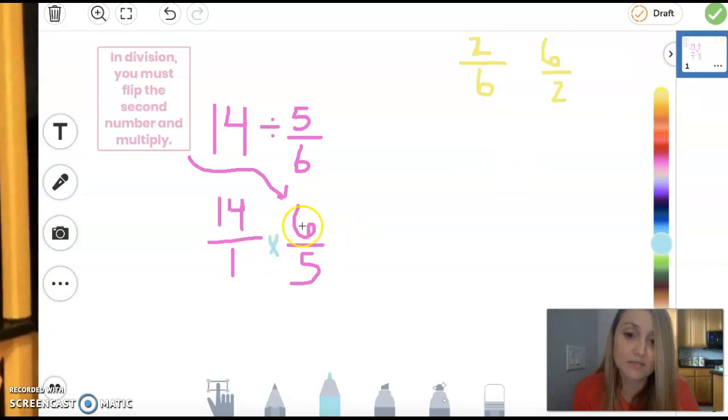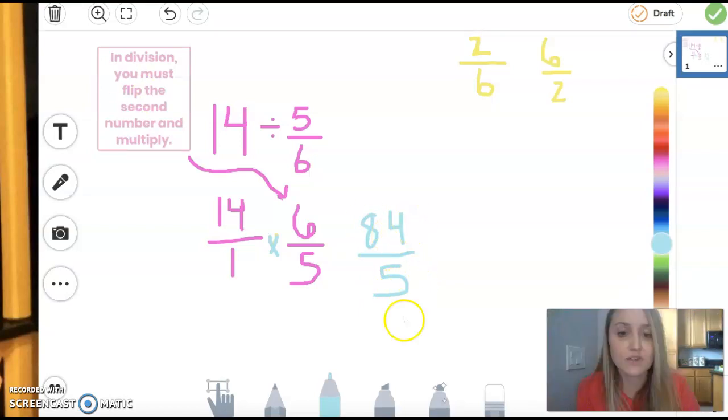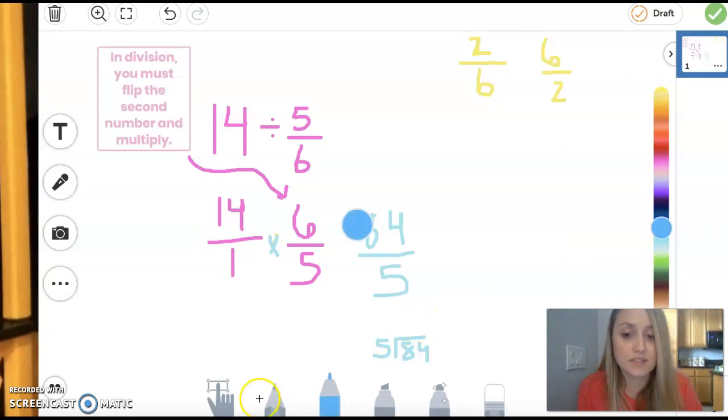Okay, we're multiplying. So we have 14 times 6, which would be 84. And then we have 84 over 5. Now here we have to see how many times 5 can go into 84. I would probably have to come down here too. So 5 goes into 84. Let's see.